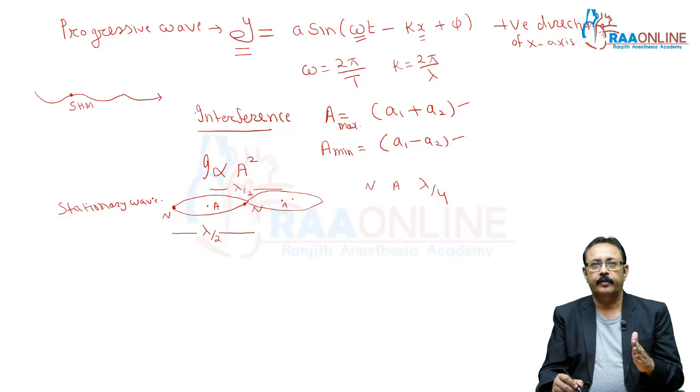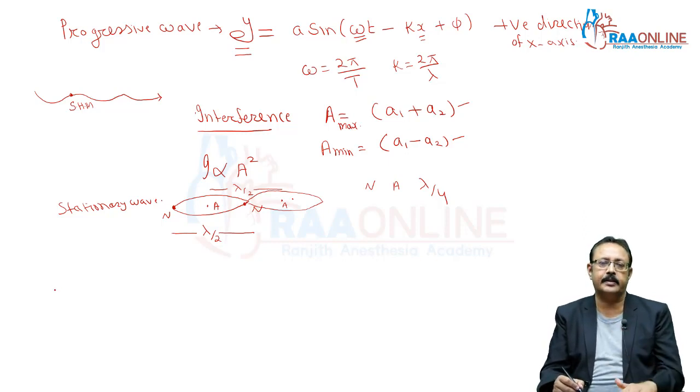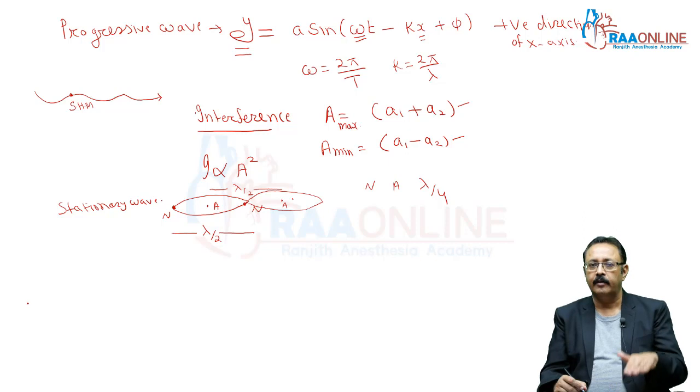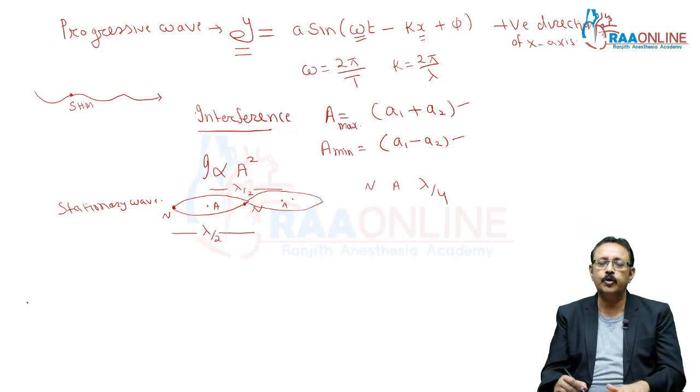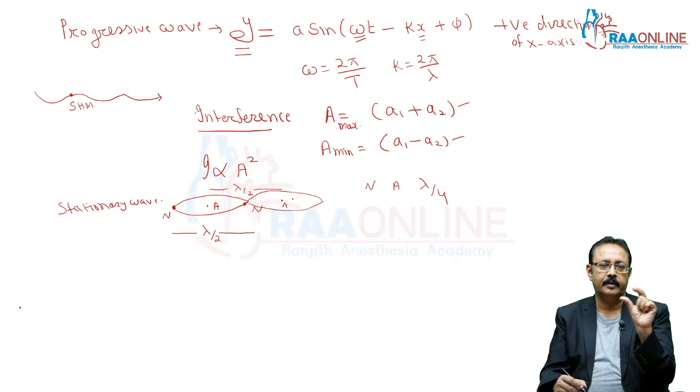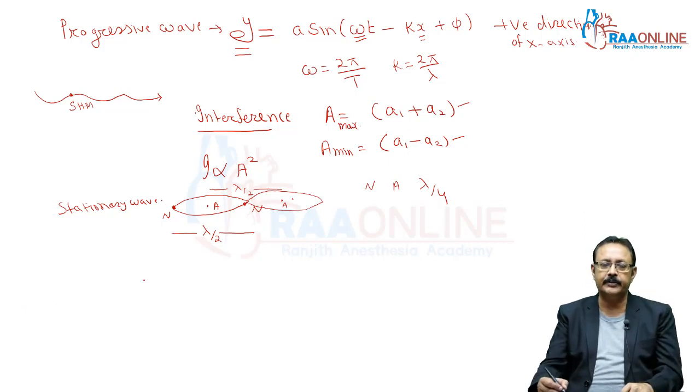And if two waves of nearly the same frequency moving in the same direction superimpose, you will feel waxing and waning of sound. It means you will hear beats, one high sound and one low intensity sound after a regular interval, and the beat frequency will be the difference of the frequencies of the two waves.